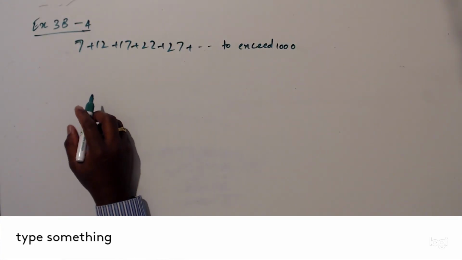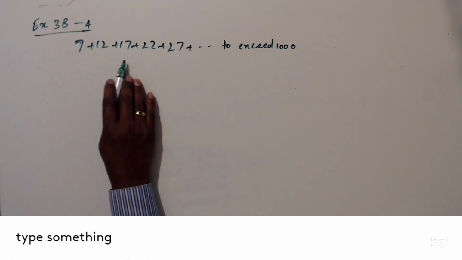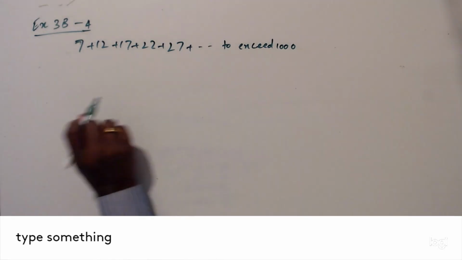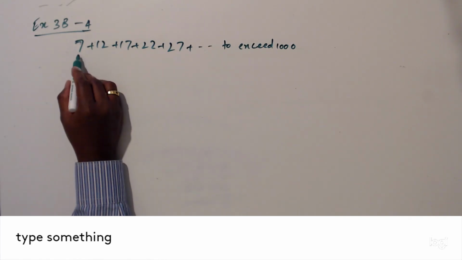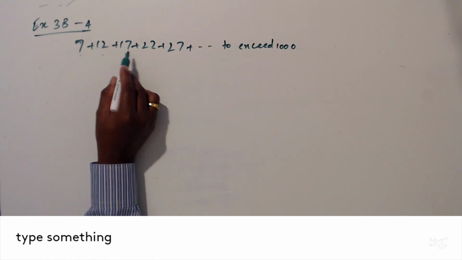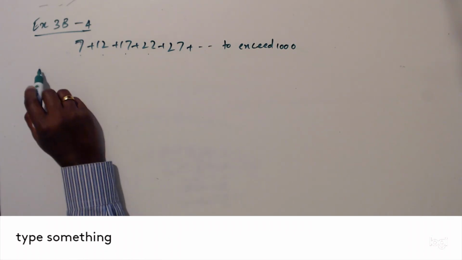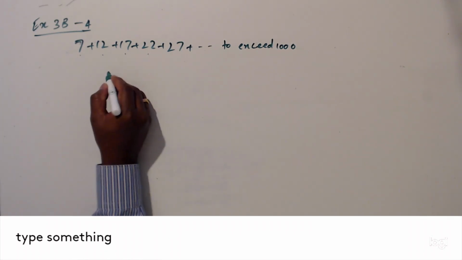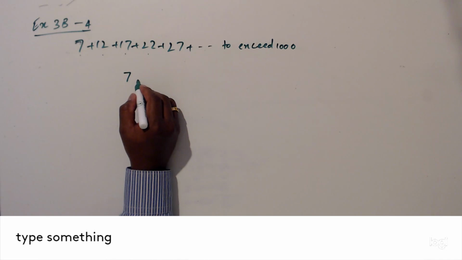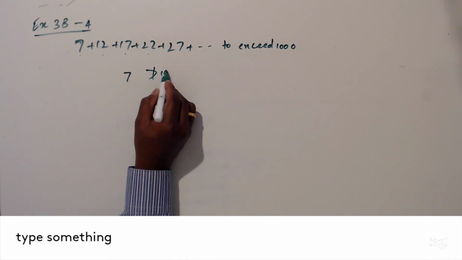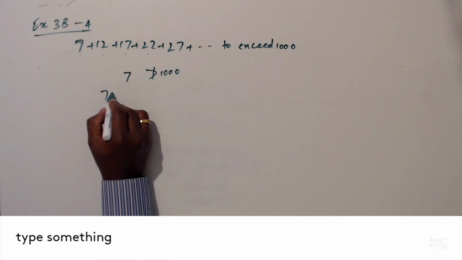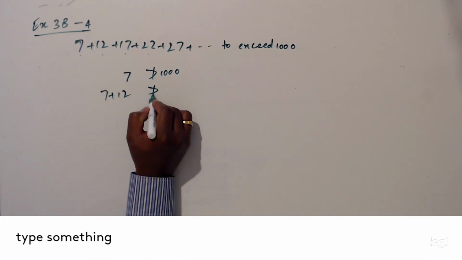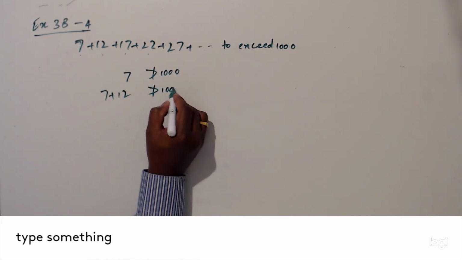Question number 4. Find the least number of terms needed for the sum to exceed 1000. With the first term, it does not exceed 1000. The first and second terms still do not exceed 1000.